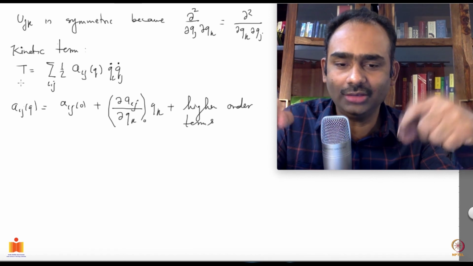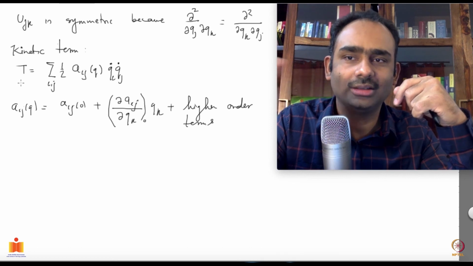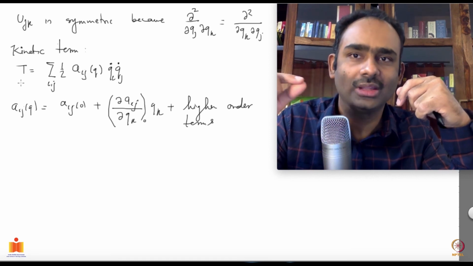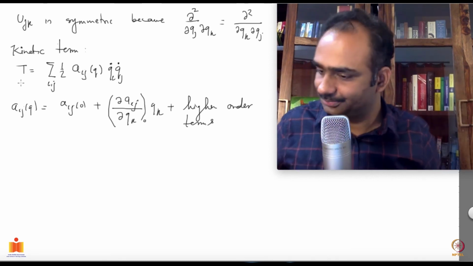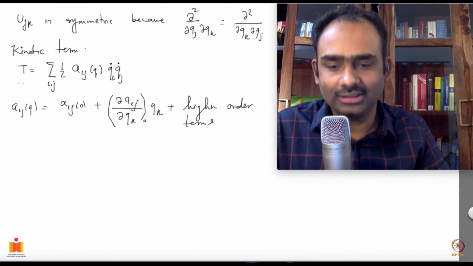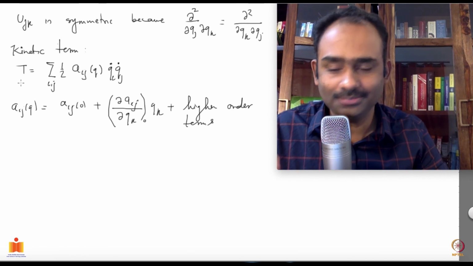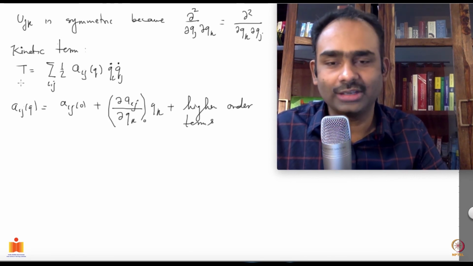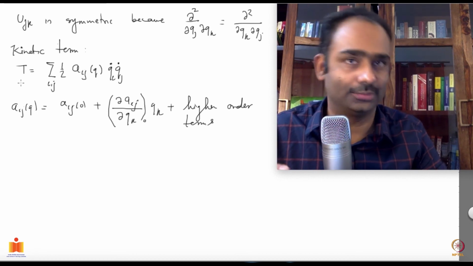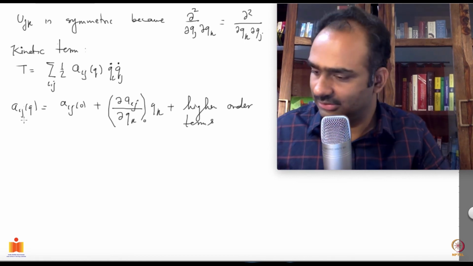Clearly, if I do so, it will not describe the true motion of my system, but it will capture the most general features, hopefully, if I remain in the vicinity of the equilibrium position. So that's what we are going to do now.